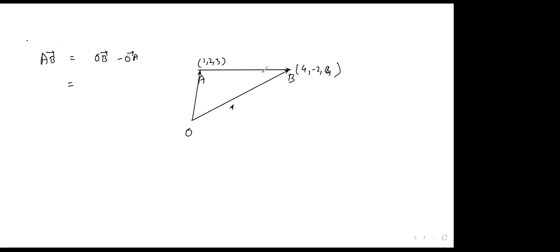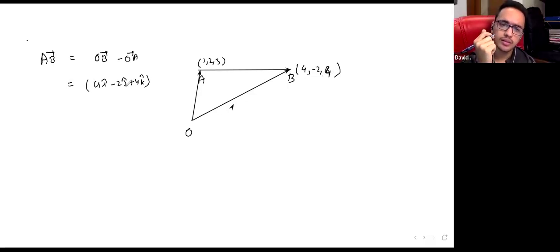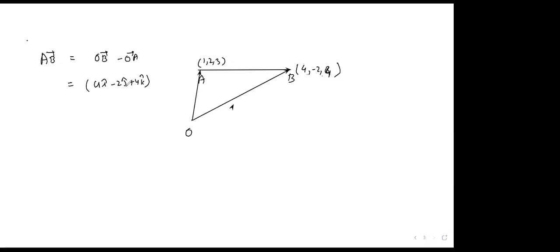OB vector is 4i cap minus 2j cap plus 4k cap. What are these i cap, j cap, k cap? They tell about the direction. i cap is along the x-axis, j cap is along the y-axis, and k cap is along the z-axis.